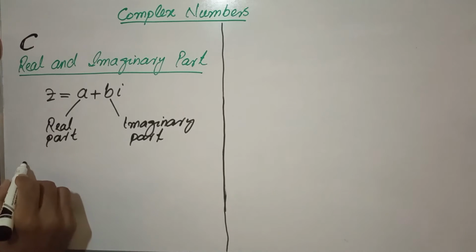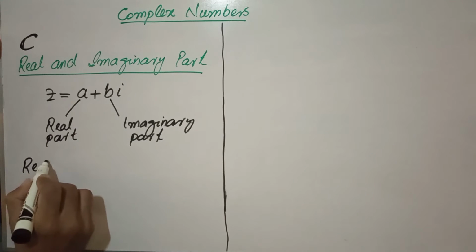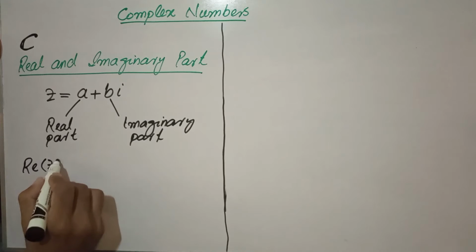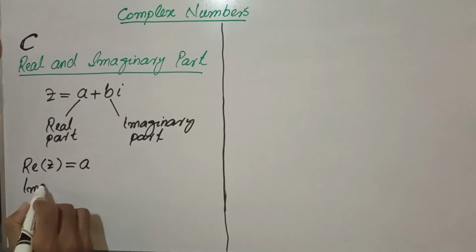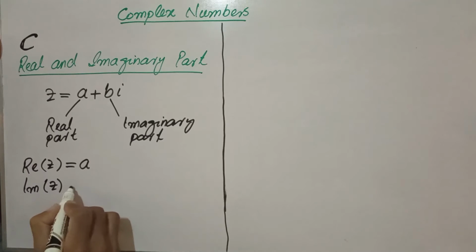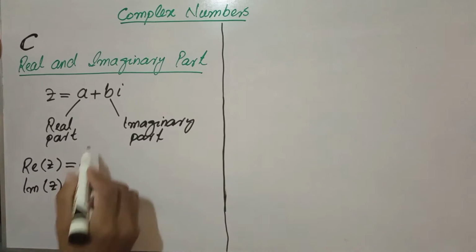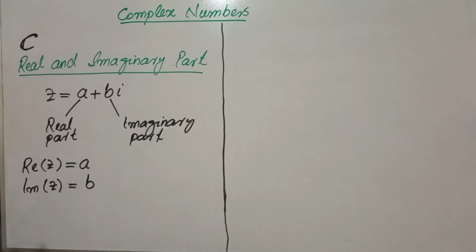Mathematically, we write RE, that is real part of z, is equal to a, and IM, the imaginary part of z, is b.